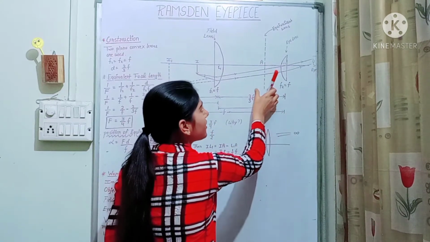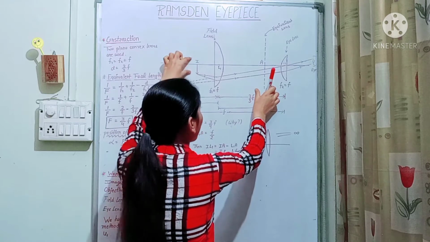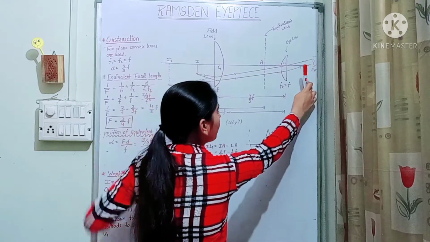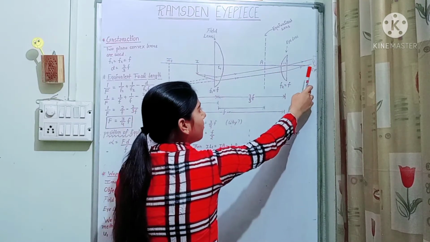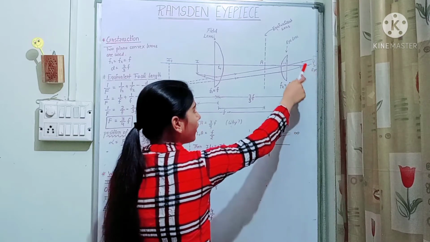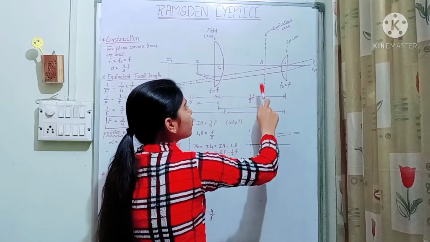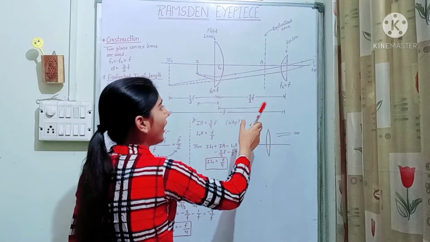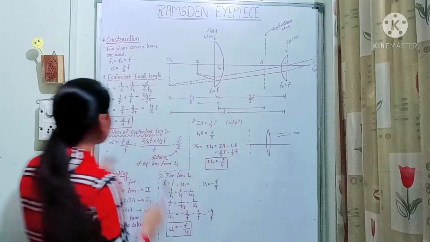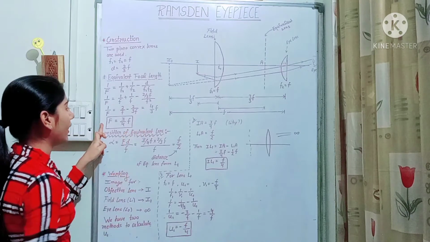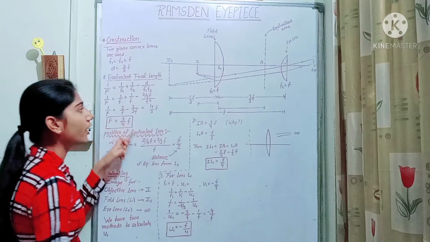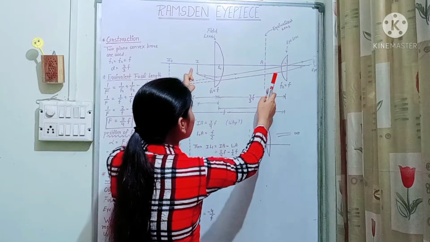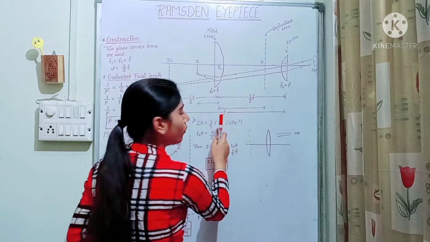Because the image is formed at infinity, the object should be placed in the focal plane of the equivalent lens. And we know the focal length of the equivalent lens, f is equal to 3 by 4f. So this distance should be equal to 3 by 4f.